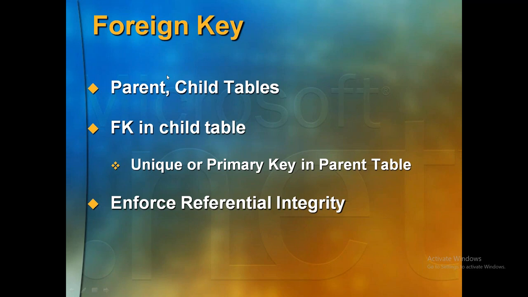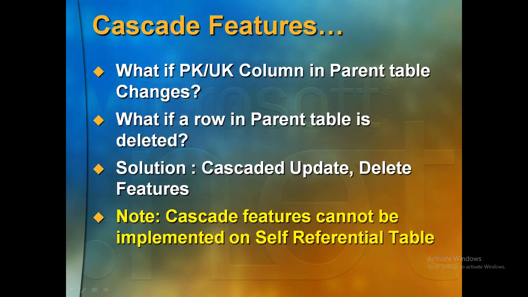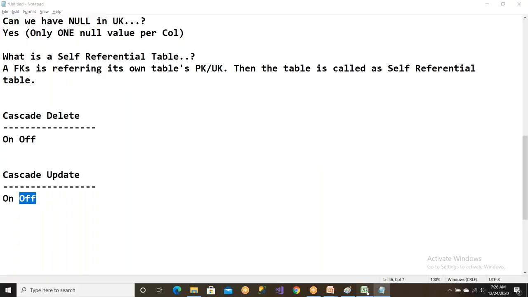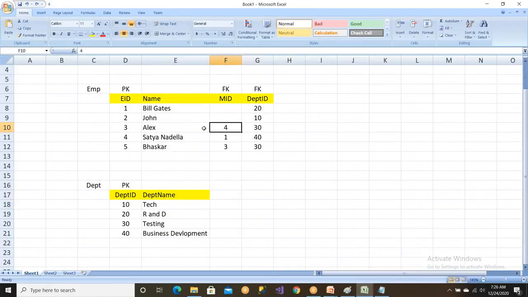What is the foreign key? Parent and child tables will have a foreign key in the child table, referencing a unique or primary key in the parent table, and enforce referential integrity. That's what I told you, right? So now, cascading features also we have discussed. Cascading features cannot be implemented on a self-referential table. Why? Because in a self-referential table, if you delete this record, four will get deleted, and if you delete four, one will get deleted, like that.